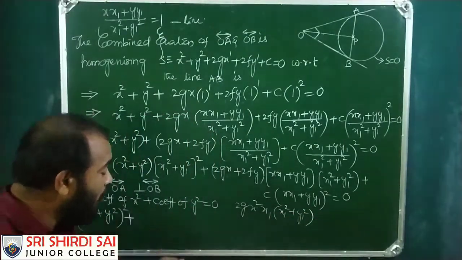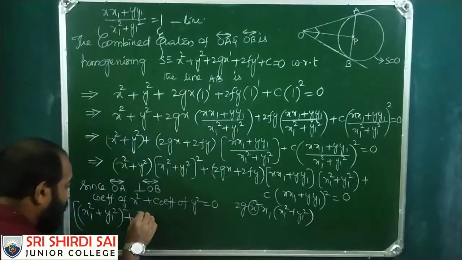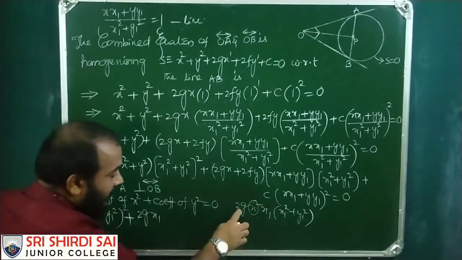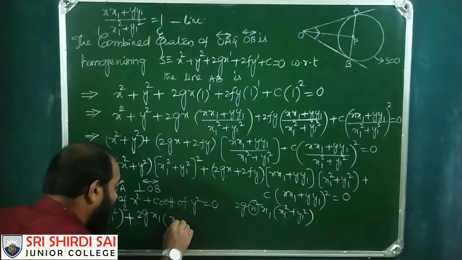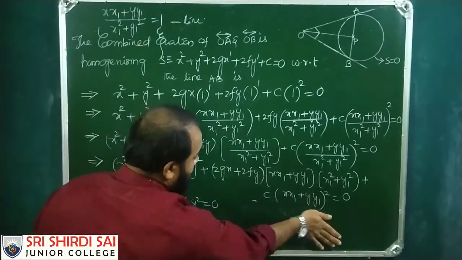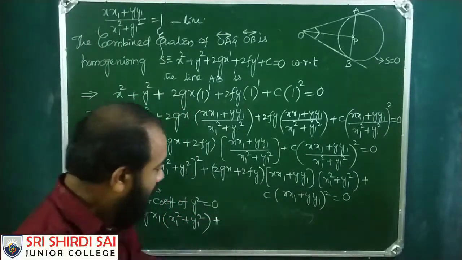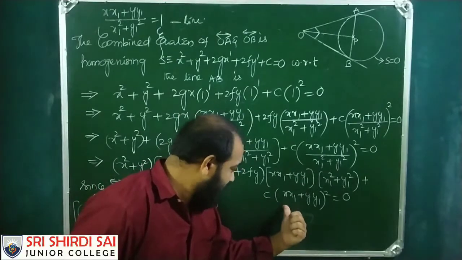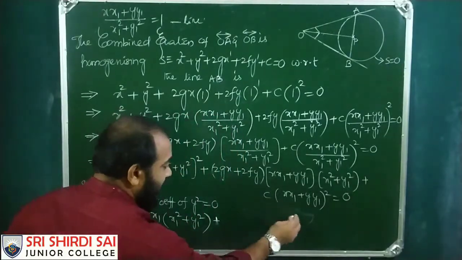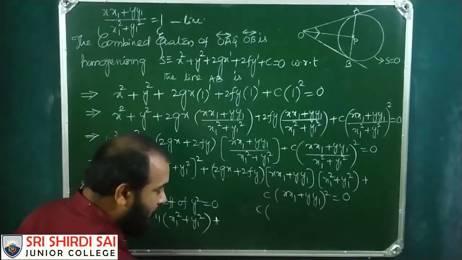Now what is the coefficient of x square? So 2gx1 into x1 square plus y1 square, and plus here, if you expand this, c into (a plus b) whole square, a square plus b square plus 2ab.